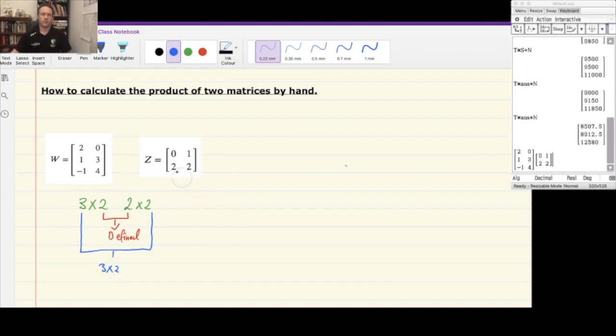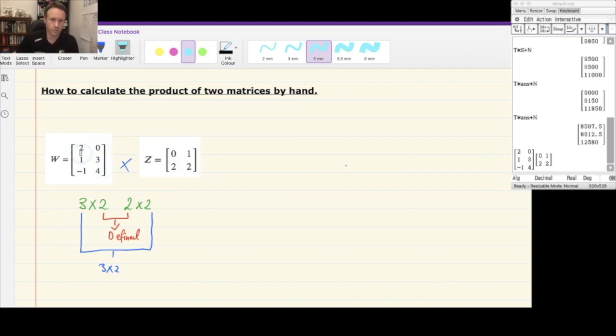The easiest way to think about it is to do the rows of the first matrix by the columns of the second matrix, and then repeat the rows of the first matrix until all the columns of the second matrix are used up.